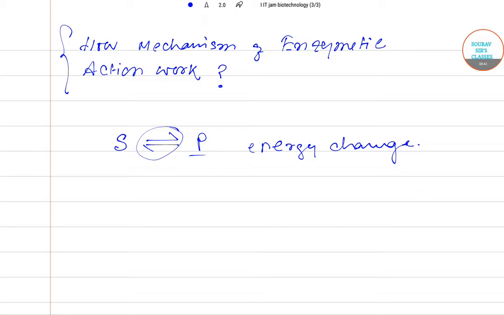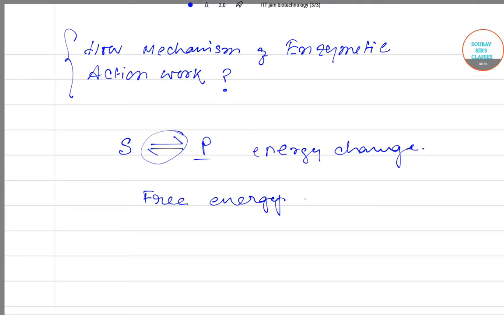In a biological system, it is described as free energy, and we give the symbol of free energy as capital G. When there is an enzymatic reaction, the G will change, there will be a change in free energy, and that is the biochemical standard free energy change.